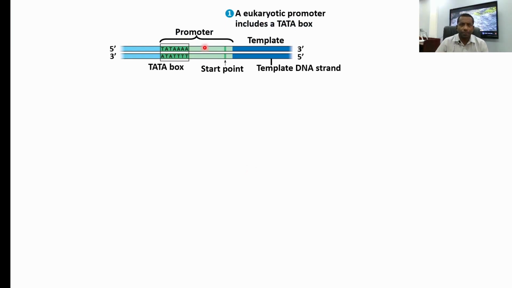Okay, so here we have the promoter region with the TATA box, and these are the 2 DNA strands, 5 prime and 3 prime, and in eukaryotes we have a promoter region called the TATA box.